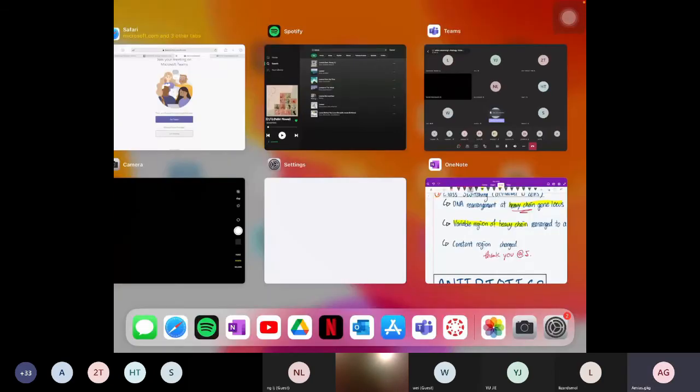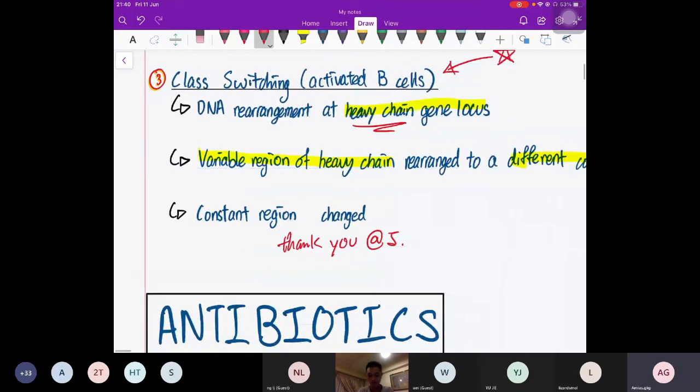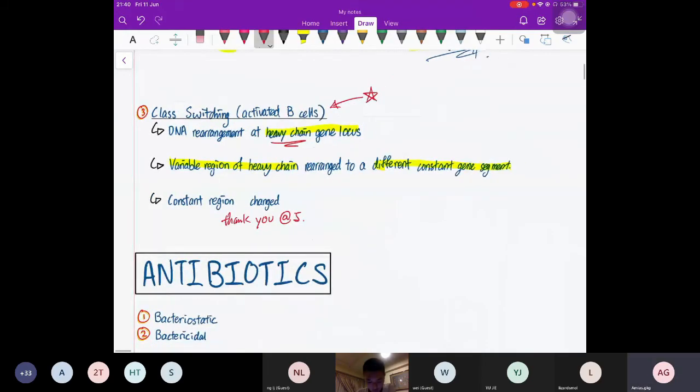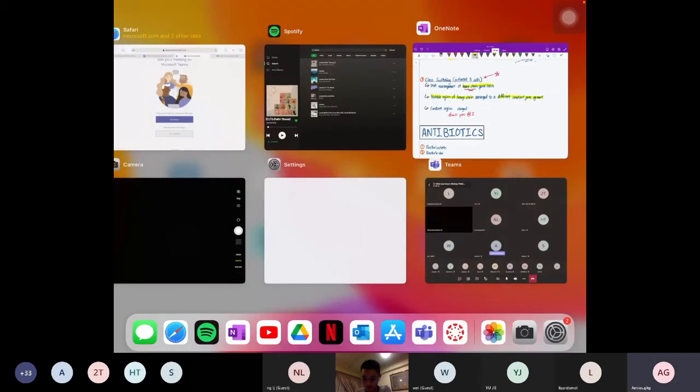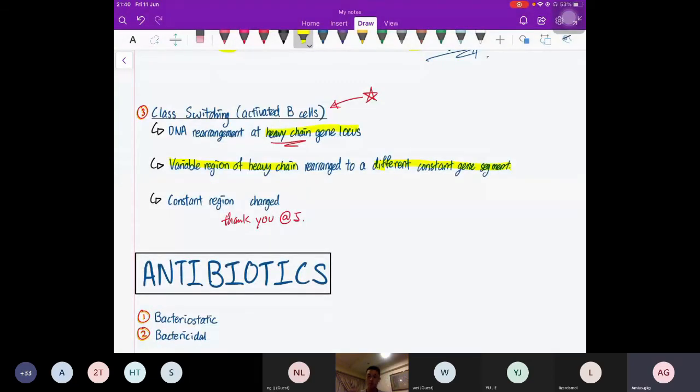Okay, hello. Someone pointed out a mistake. Just now when I went through, I said the correct thing, but I wrote the wrong thing. I said the correct thing that for class switching, the constant region is changed.